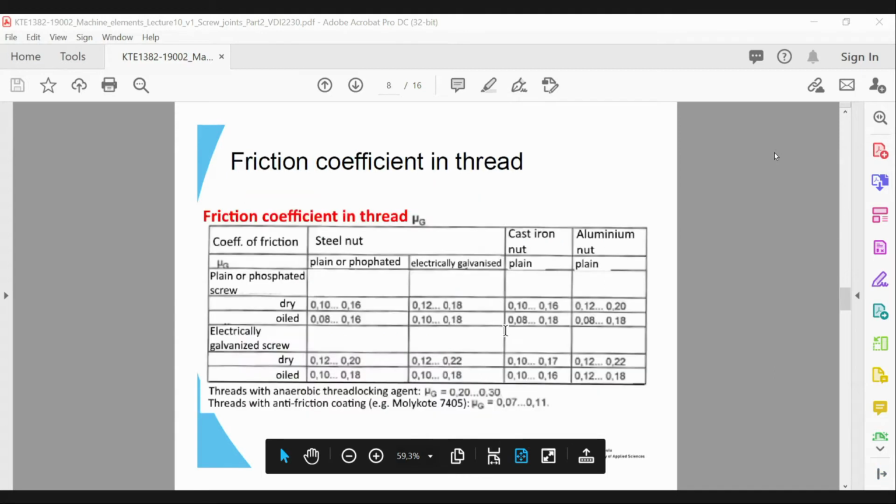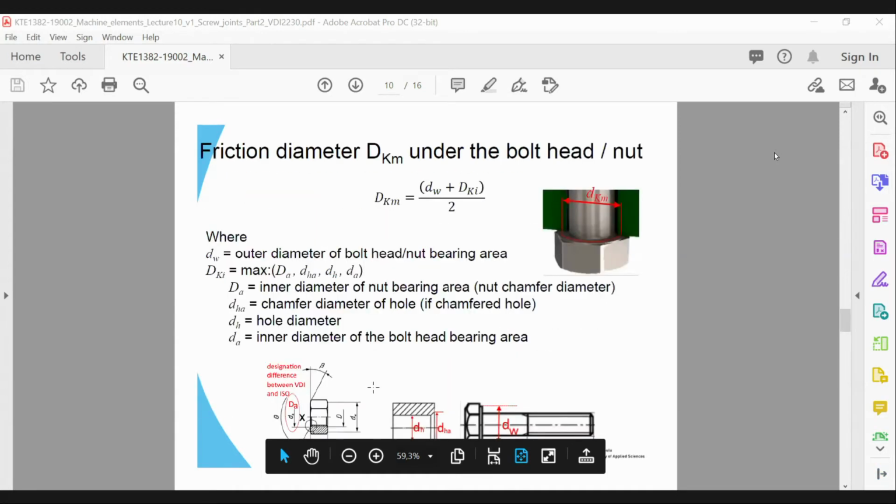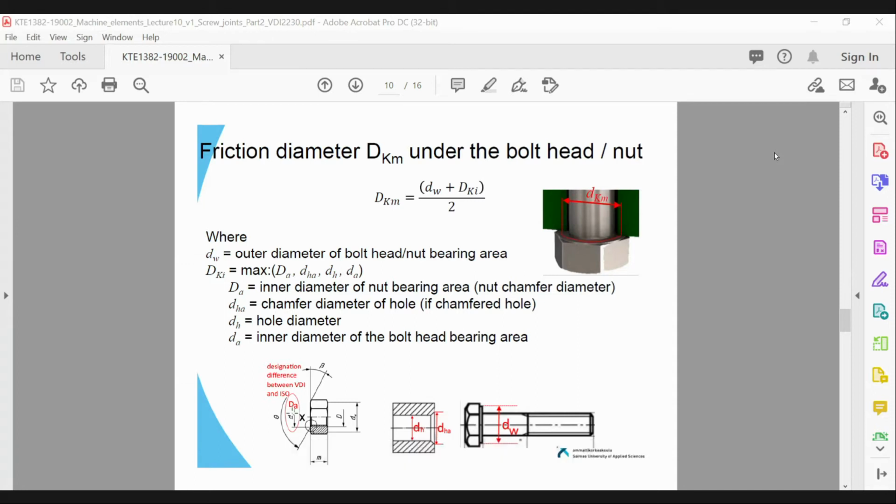And also the same applies for the inner diameter of the nut bearing area, DA. So in the ISO, it's slightly different.